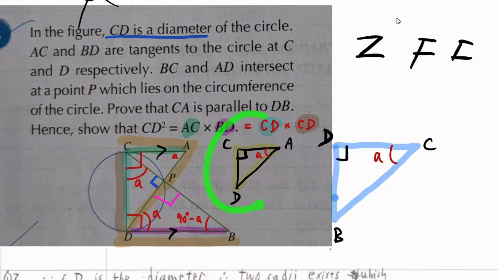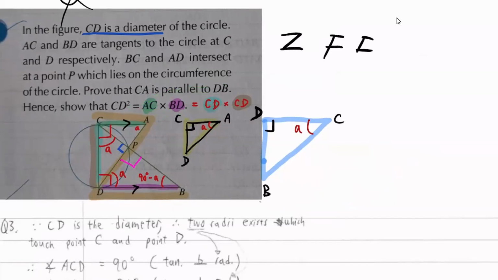Now that we have drawn the two similar triangles, we can finally conclude this, the fraction, right? Which is AC over CD equals to, let me see again, CD over BD. Technically, it should be DC. But of course, CD and DC, they are the same length.